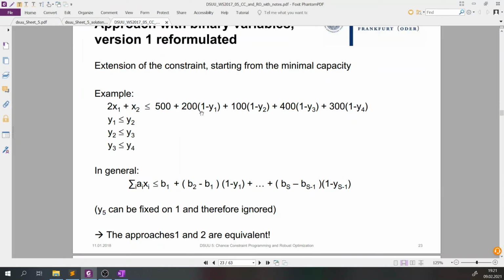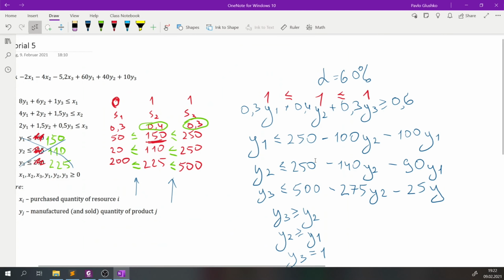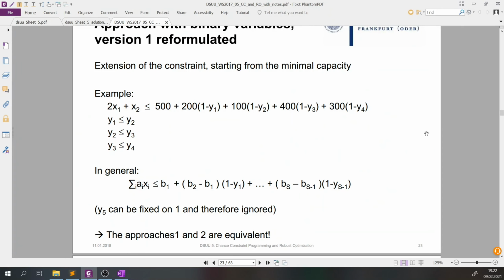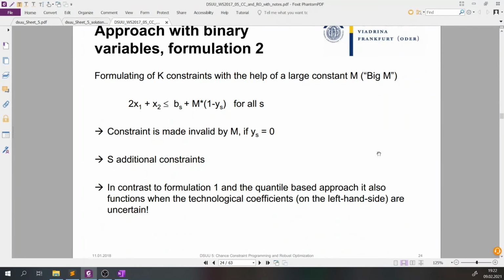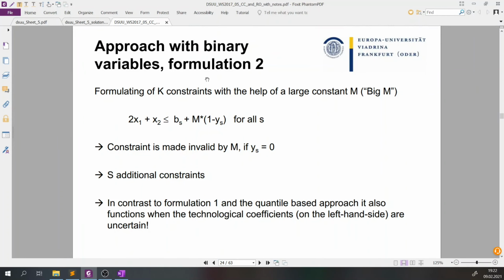And this works almost exactly the same. So I will not reformulate this again for this case, because the logic is the same. Instead of taking out the difference, we add up the difference. So this was the second approach. And then the third approach, or formulation 2, is using the big M notation.